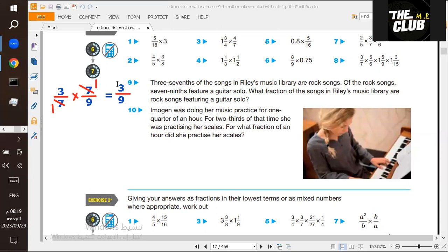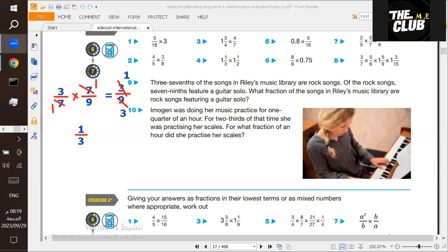I'm going to divide both of them by 3. 3 divided by 3 is 1, and 9 divided by 3 is 3. So the final answer will be 1/3. Focus on how the fractions are written. First, I wrote the fractions.